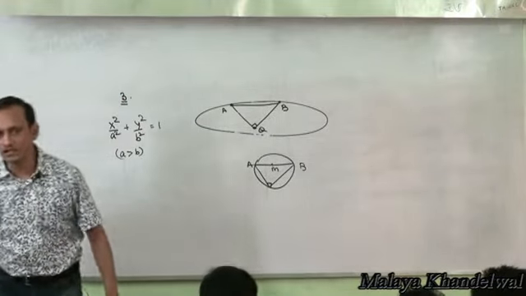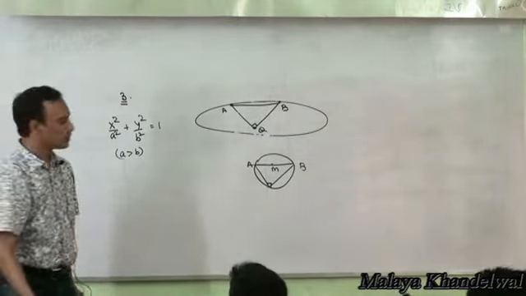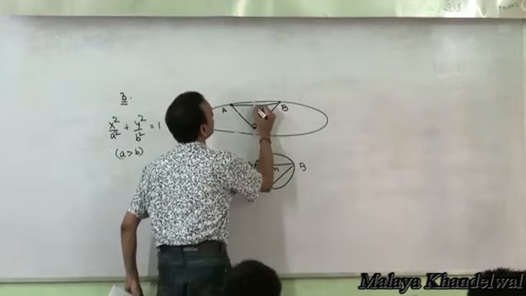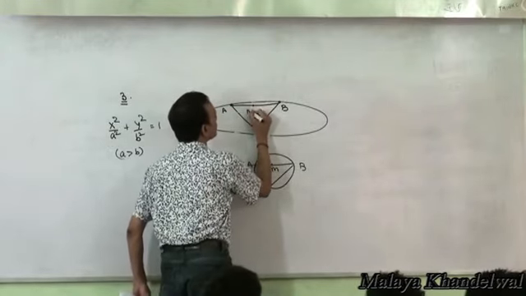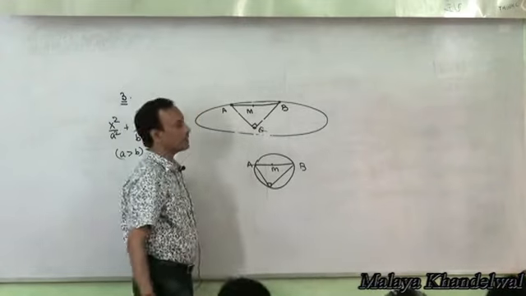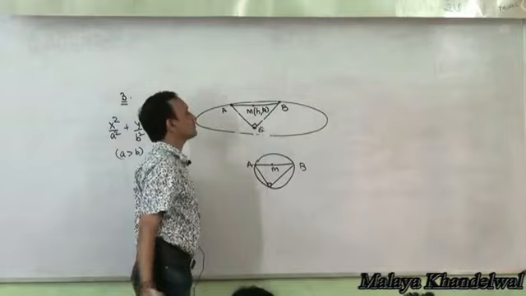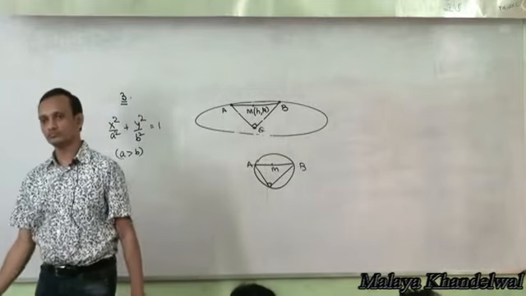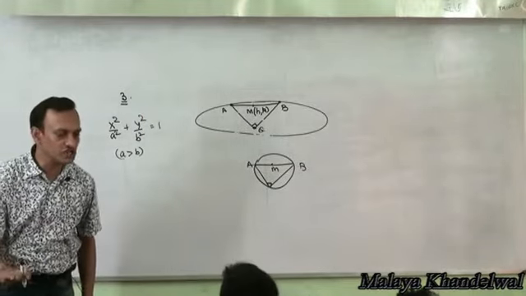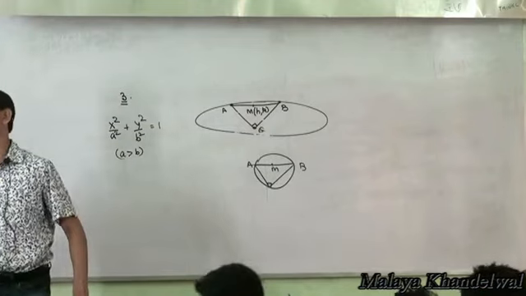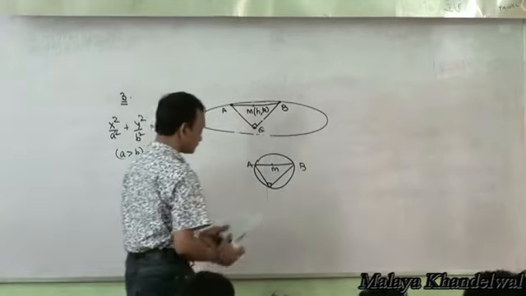Right. So we need to find the locus of M. Let's call M (H, K). We need to connect H and K and then generalize. Replace H by X and K by Y.